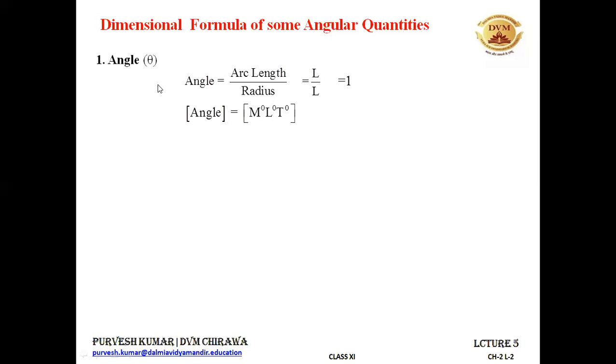Angle is dimensionless. And there is one more quantity related to angle, which we will meet when we learn about angular velocity or angular acceleration in chapter number 7. That quantity is known as angular displacement, that is the angle swept by a body while traveling a circular distance.